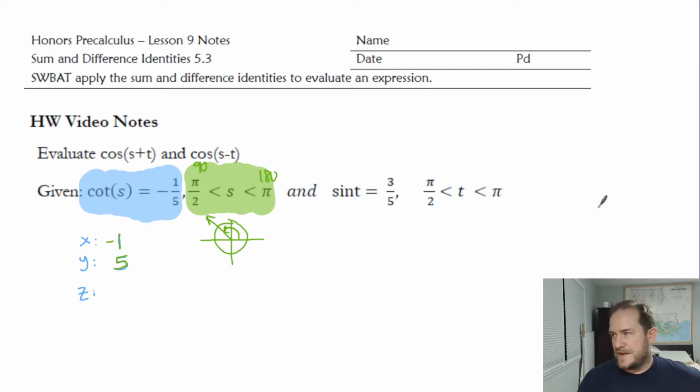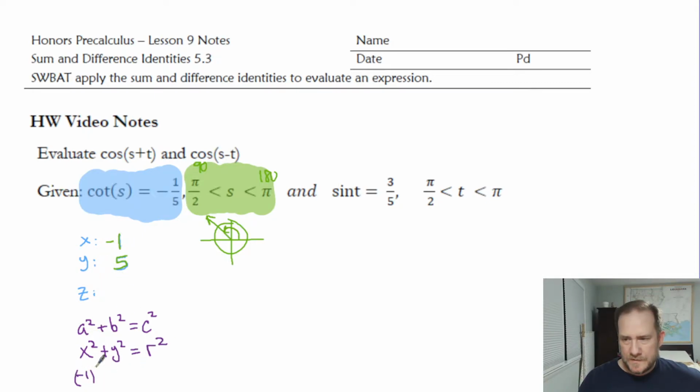And to find z is just Pythagorean Theorem, which we would normally say is a squared plus b squared equals c squared. But for our purposes, we're really saying the x coordinate squared plus the y coordinate squared equals the radius squared. So we're plugging in. We get -1 squared plus 5 squared equals r squared.